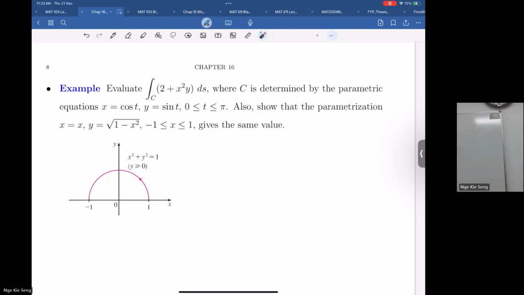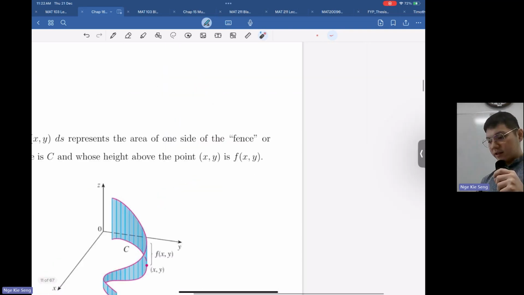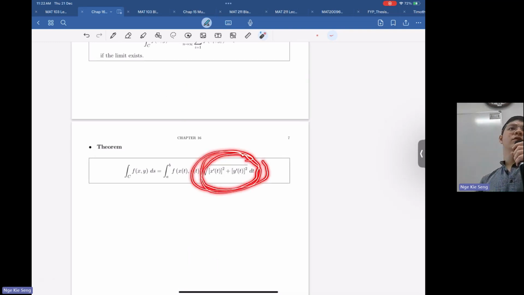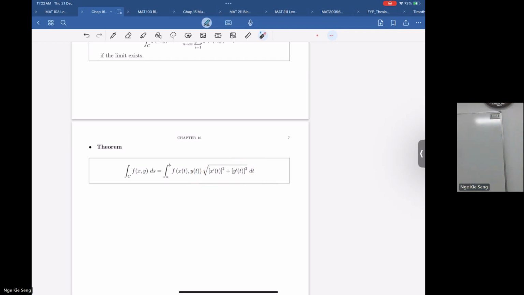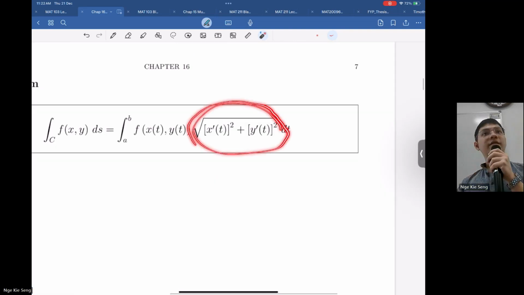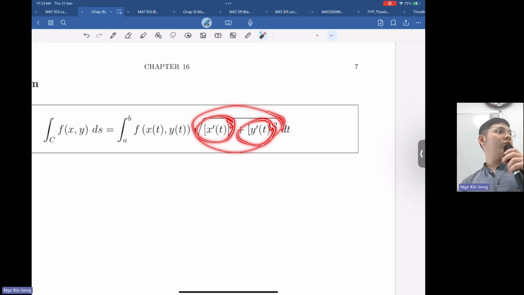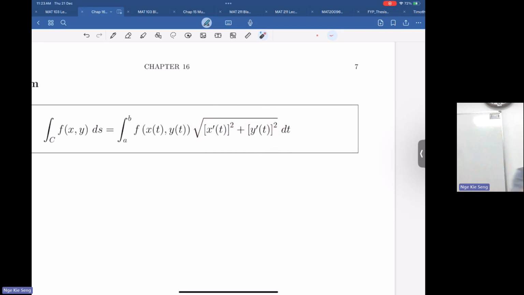One key point is this extra factor here. This factor will help you with the parameterization. If you change your parameterization, you can see that your derivative will change, and then it will help you compensate for the different parameterization you use.